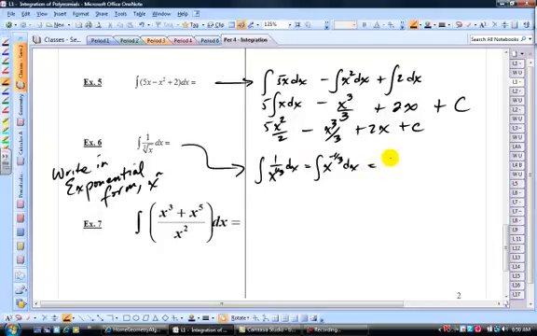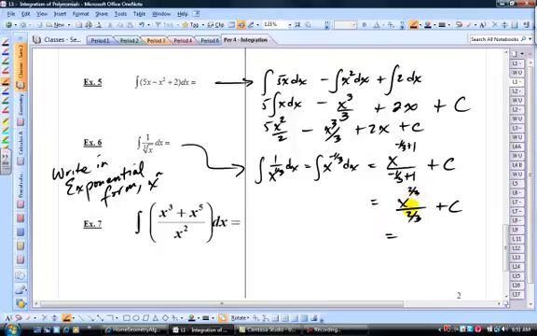So you have x to the negative 1/3 plus 1 divided by negative 1/3 plus 1 plus some constant of integration. Then you simplify a little bit. You get x to the 2/3 divided by 2/3 plus c.